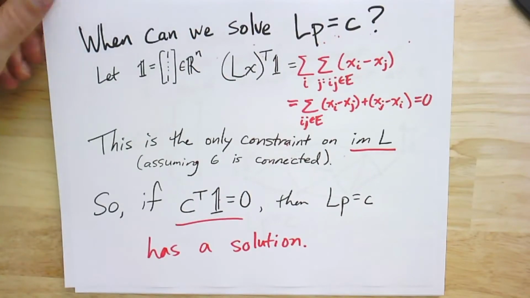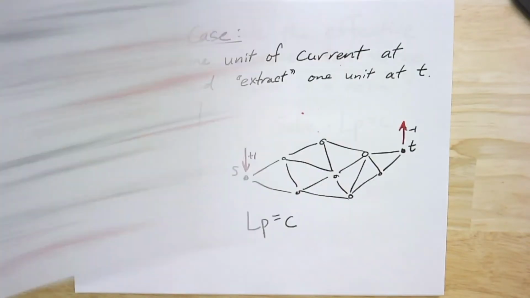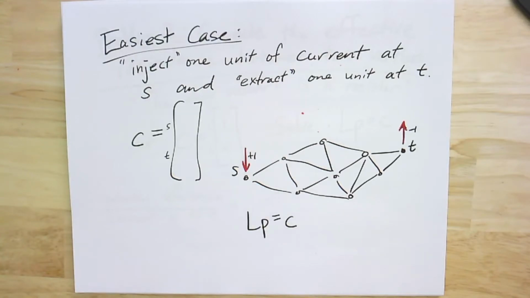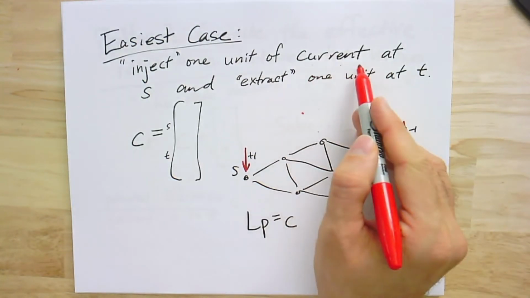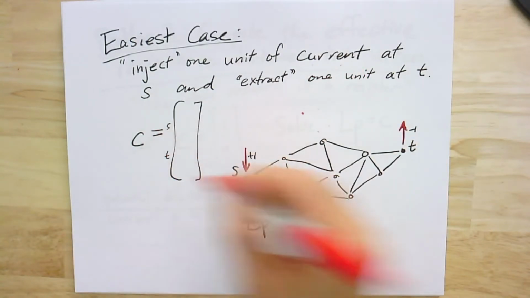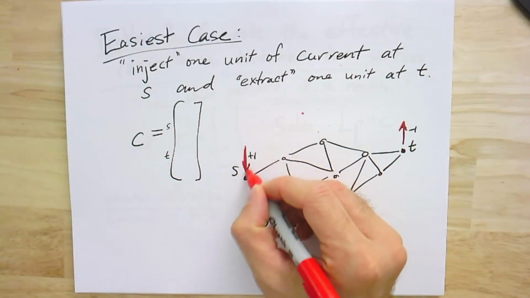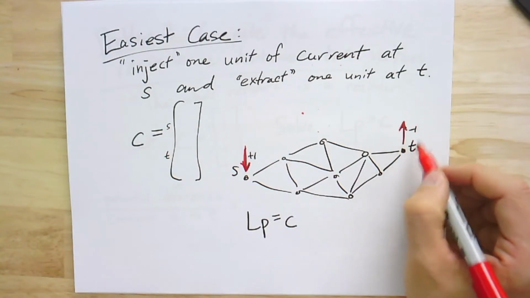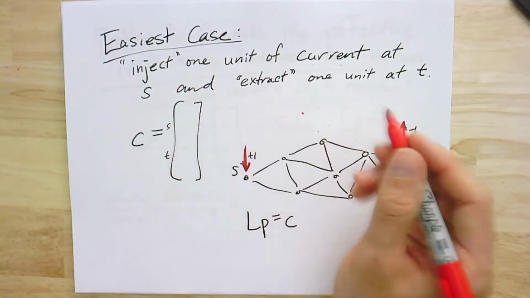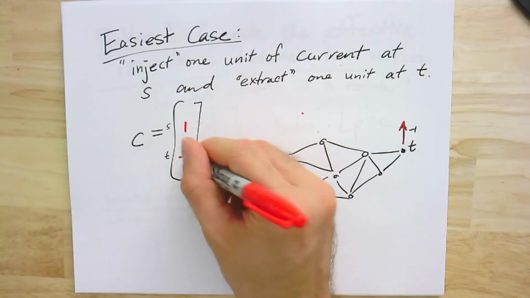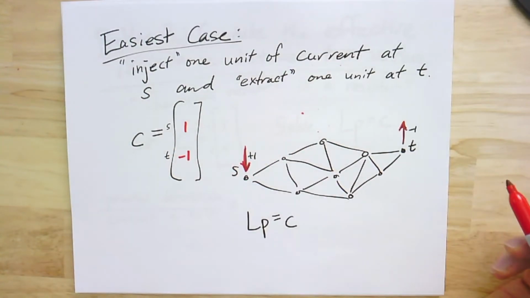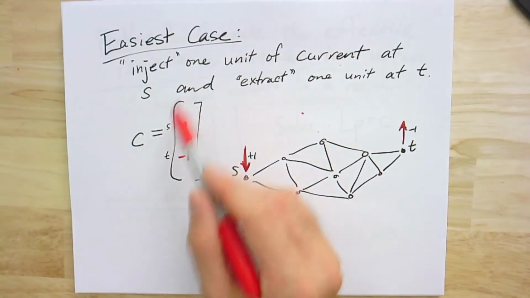But let's find a specific case. I think the easiest and most natural case, and the one we're actually going to use to solve the original problem I proposed, is where you inject 1 unit of current at S, and you extract 1 from T. So 1 minus 1 is the net current, and everything else is 0.